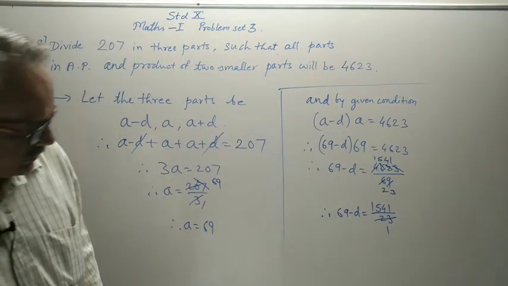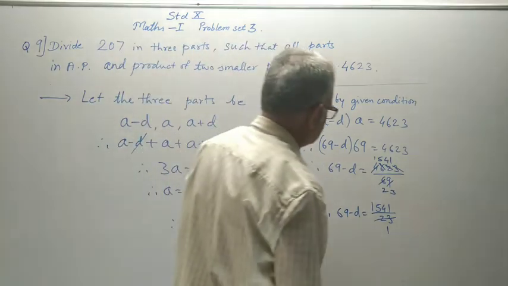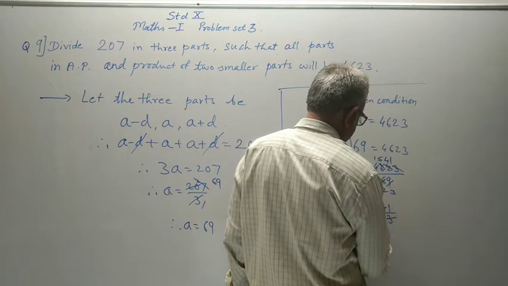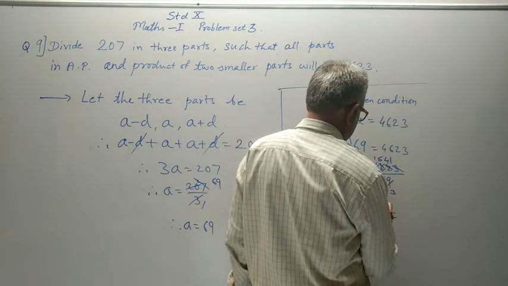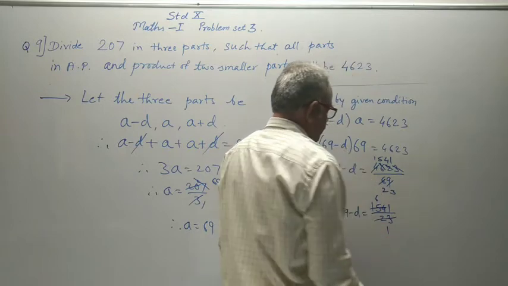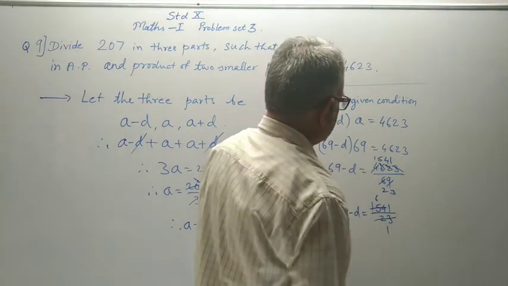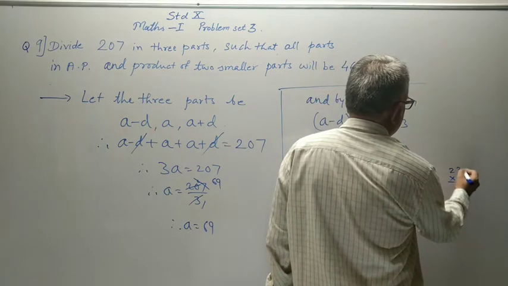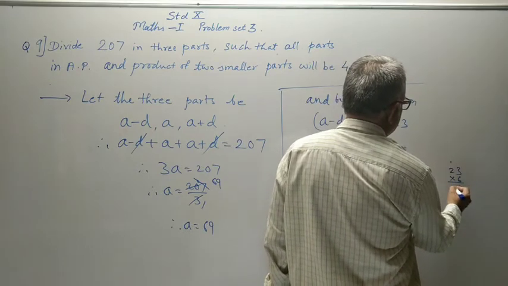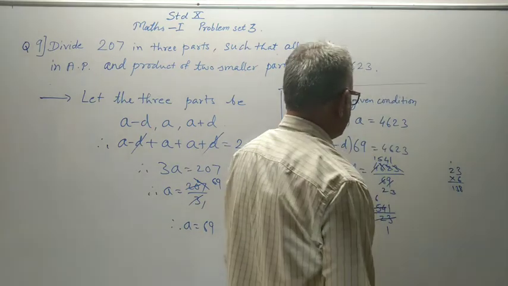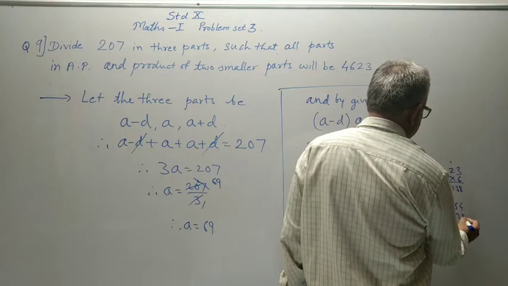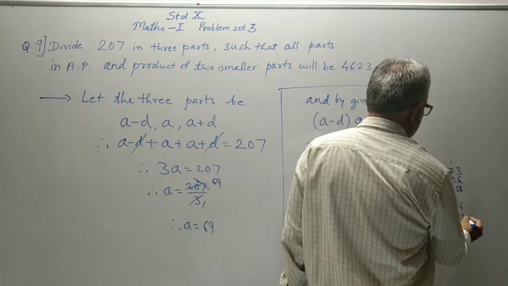23 6s are 138. Check it. 23 6s are: 6 3s are 18, 6 2s are 12 and 1 is 13. 23 6s are 138. From 154, 138 subtracted. 14 minus 8 is 6.